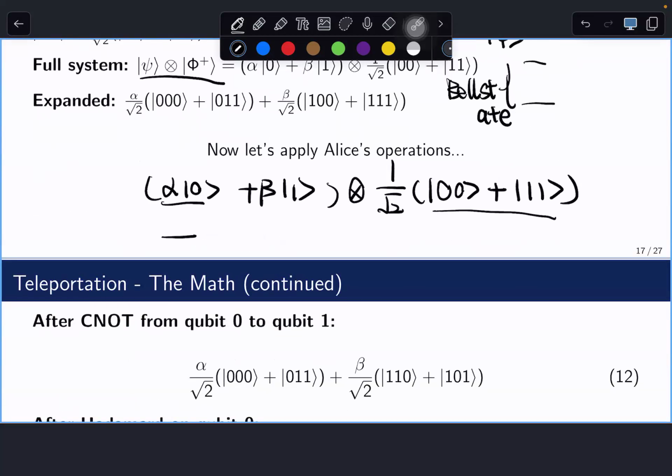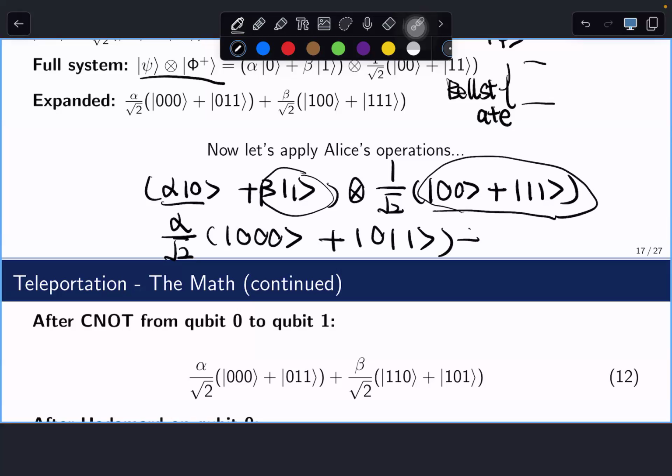So at first we will have alpha divided by square root of 2, and then we have |000> plus |011>. And also remember that the beta state here also leads to a product with the Bell state on the right.